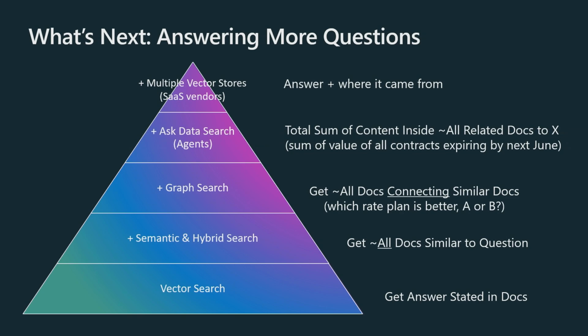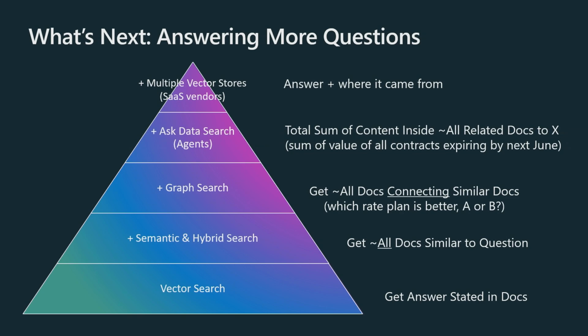There are different ways you could probably do that. We call that a combination of ask docs in our lingo and ask data. The ask data is like, okay, now I need to do SQL on what I've extracted there as well. So using extraction in conjunction with the indexing lets you answer more questions.